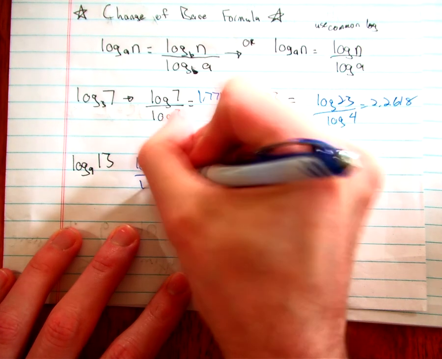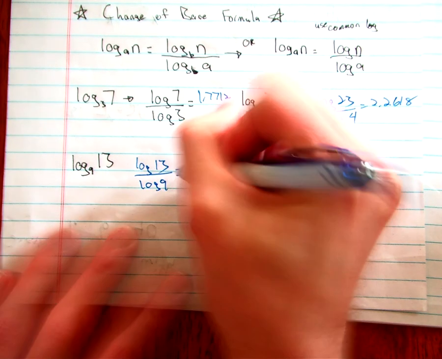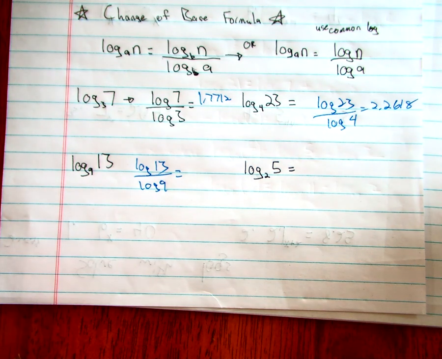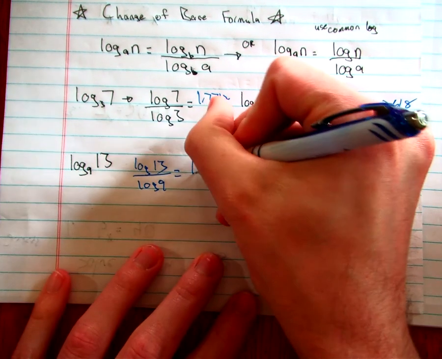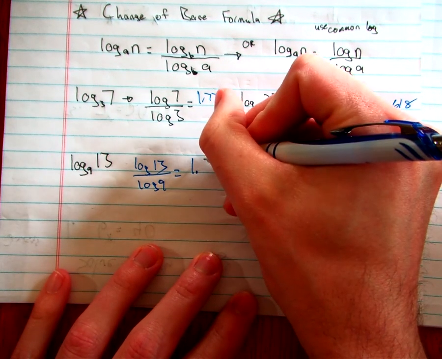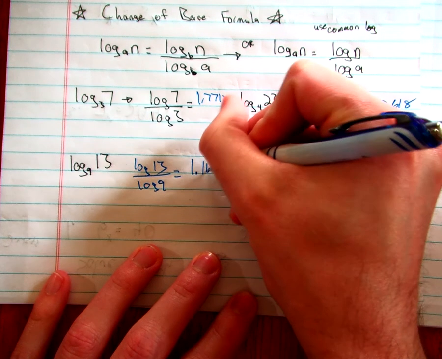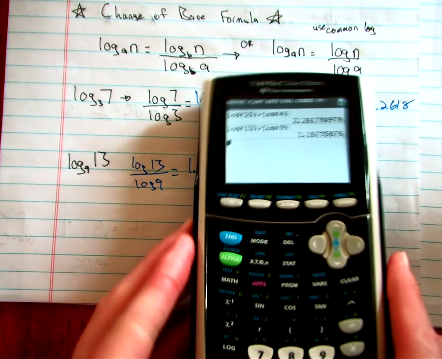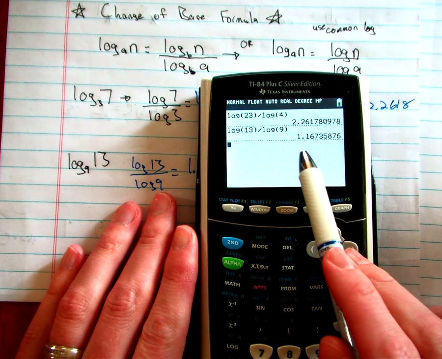Log of 13 over log 9. 1.1674. Important that we work on our rounding skills, guys. 1.16735.